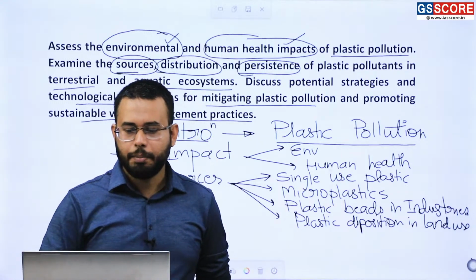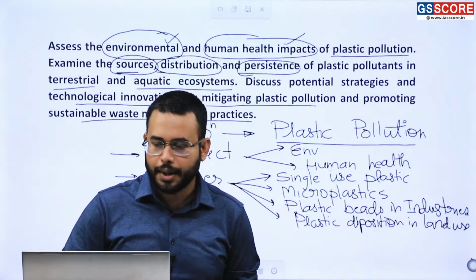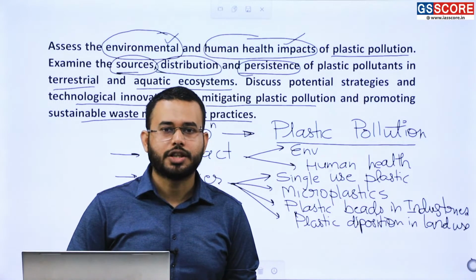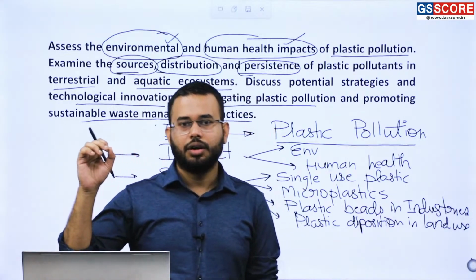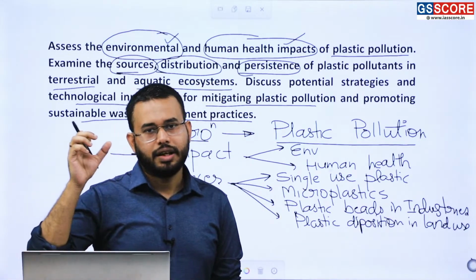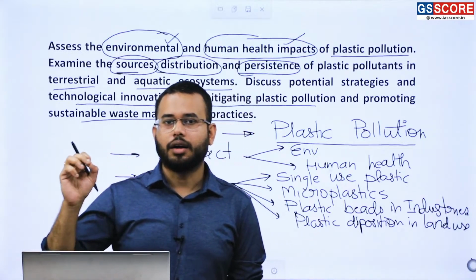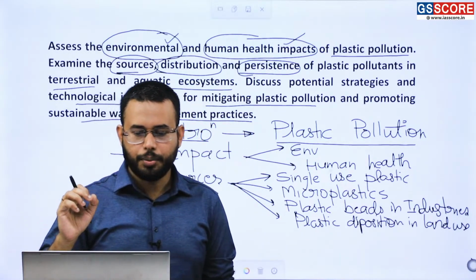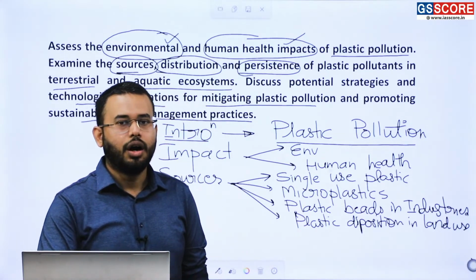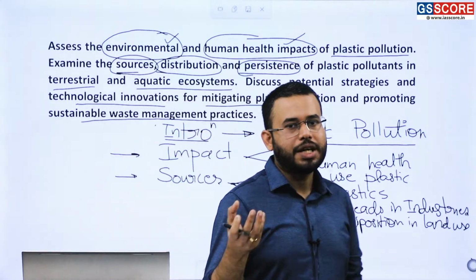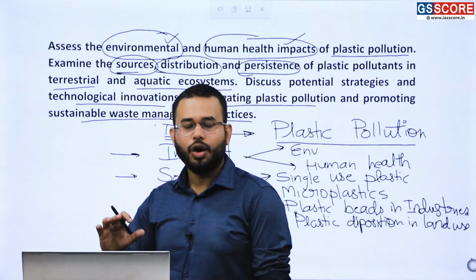Now governments can implement policies such as plastic ban, extended producer responsibility. So in our rules and regulations of plastic pollution 2016, there was a term related to EPR, extended producer responsibility. So this leads the onus of the plastic pollution on the producer, not on the consumer.